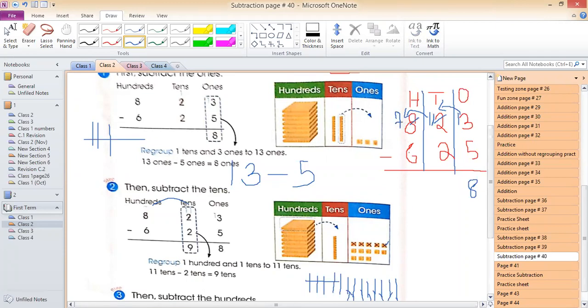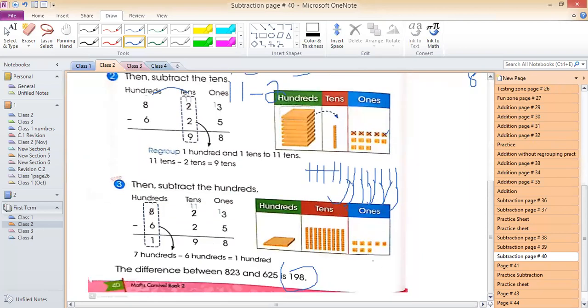So now it is 7 minus 6. Sorry, now this is 700 and this is 11. 11 minus 2. So now you can find out 11 minus 2 equals what? For that, what you will do, draw 11 lines. 1, 2, 3, 4, 5, 6, 7, 8, 9, 10, and 11.